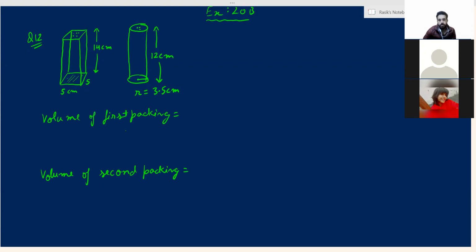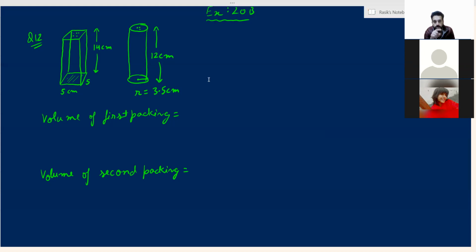Find it. Do it yourself and post your answer in the group. I hope you all are doing it. The radius of the second packing is 3.5.